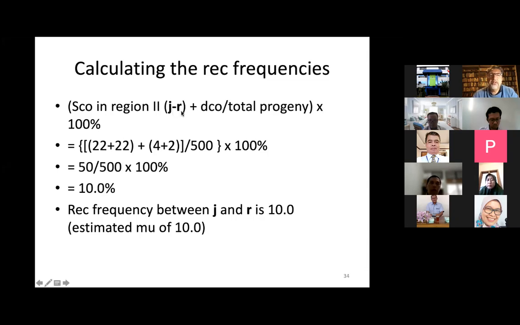In the second region, J and R, we do the same thing. We take the recombinants from the second region plus the double crossovers and divide by the total of the progeny times 100%. So we have 22 plus 22 plus the double crossover classes, and then over 500. So that's 50 over 500 times 100%, that's 10%. So the recombination frequency between J and R is 10%, or 10 mapping units, or 10 centimorgans.